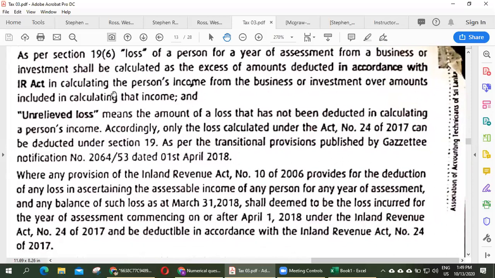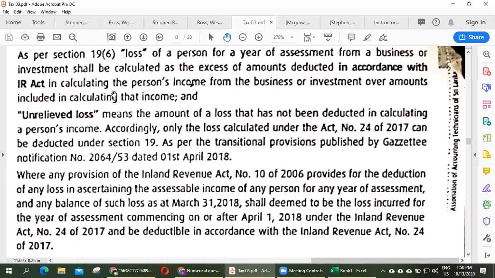For that loss, the government can give some sort of relief to the next year. When he pays tax for the next year, the government will give that as a relief, so he can deduct the previous year's losses. That unutilized relief is called unrelieved losses, so they are not yet claimed.